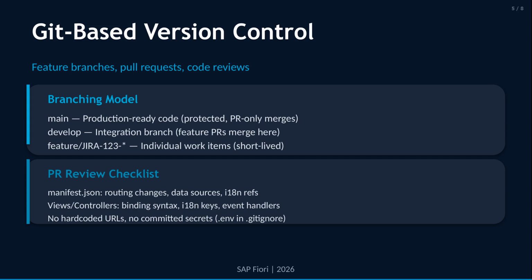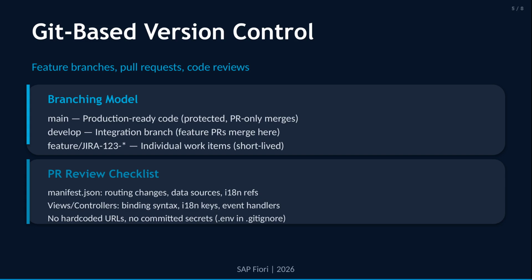The manifest.json file deserves special attention in version control. Because it controls routing, data sources, and deployment targets, conflicting changes to manifest.json can break the entire app. Establish a team convention. Only one developer changes manifest.json per sprint, or use a structured merge strategy.